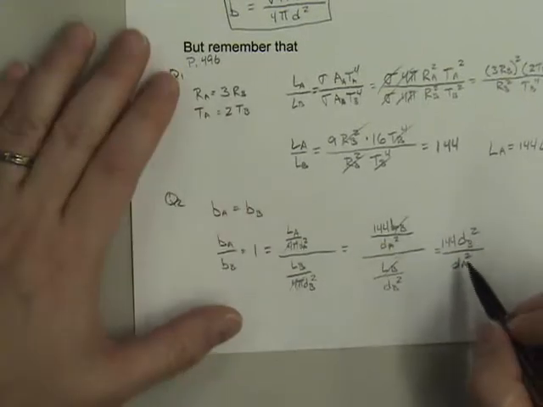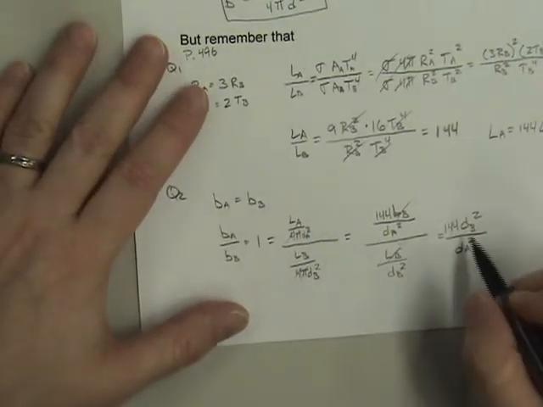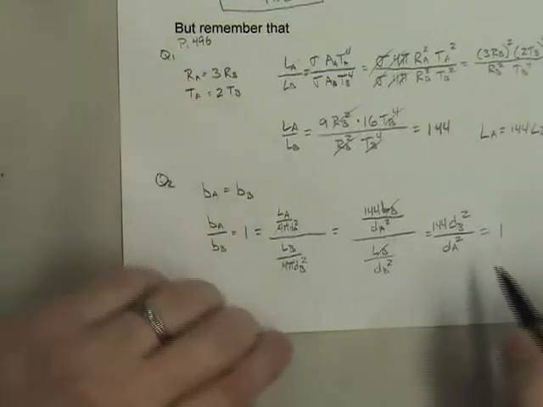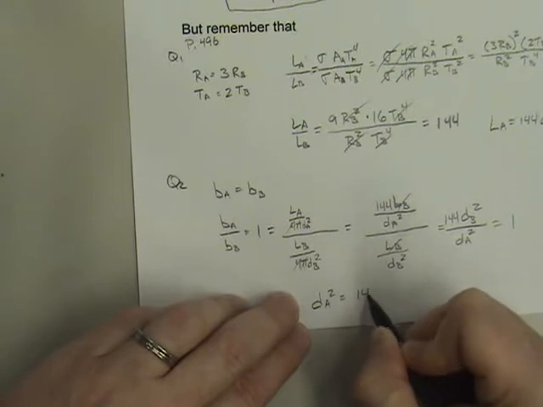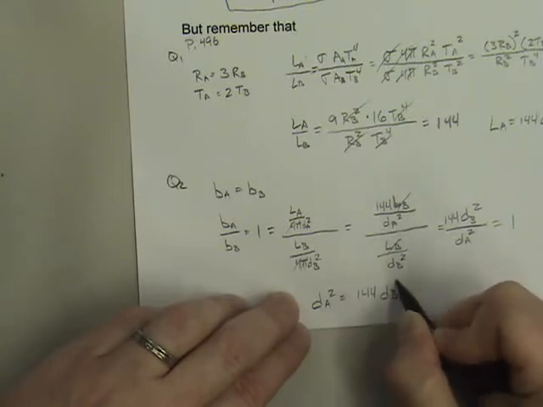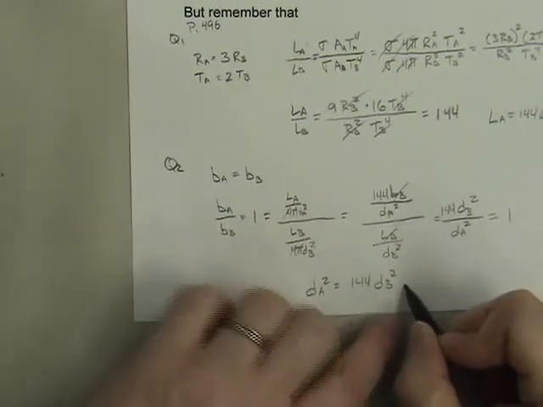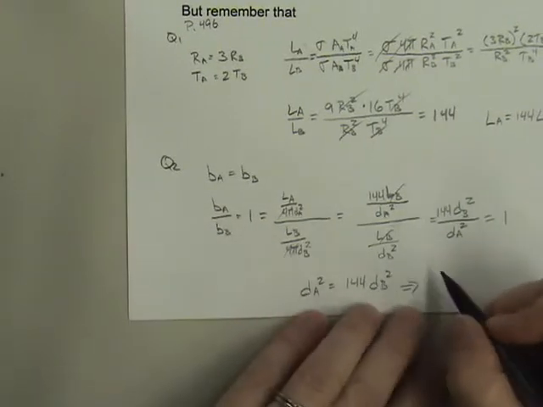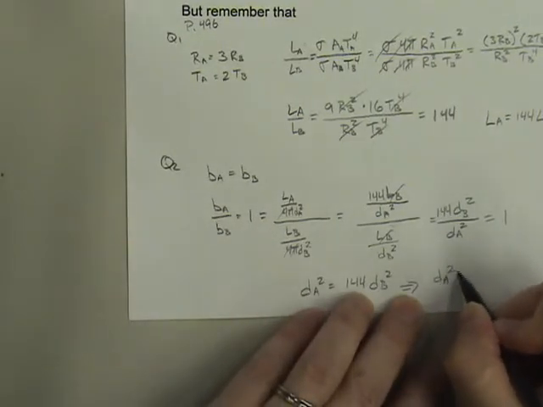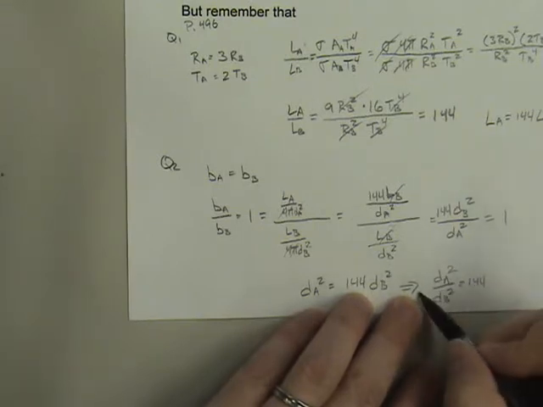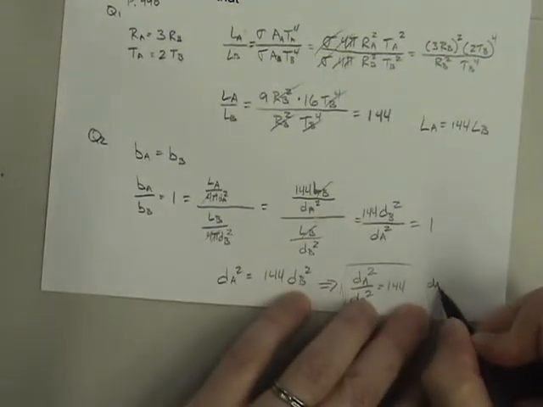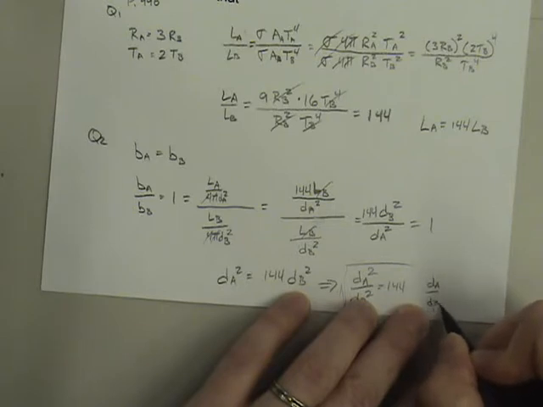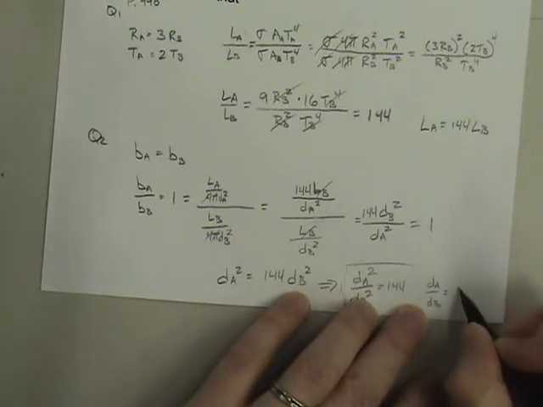So what I need to do is to take the DA over to the other side. So I would multiply, and this is all equal to 1. So I would say that DA squared is equal to 144 DB squared. And then I would divide by DB squared, so now I have DA squared over DB squared is equal to 144. And then what I would like to do is to square root the whole thing. And that would tell me that DA over DB is 12.